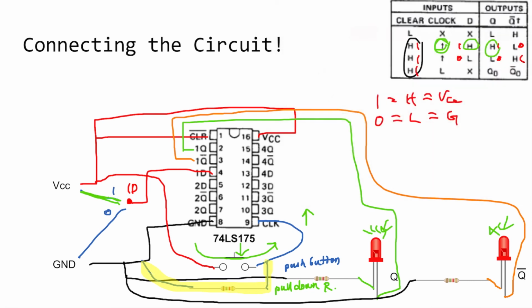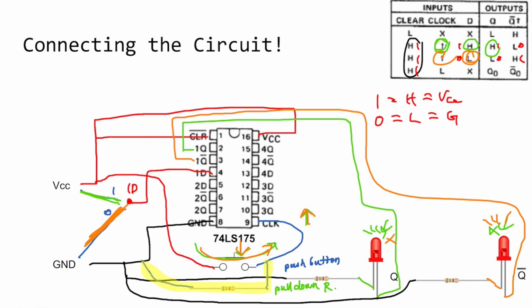Similarly, when we connect this 1D to 0, then we push down this button. This would have a rising edge, and then this light bulb lights up and this won't light up.